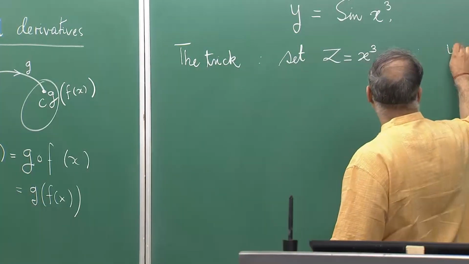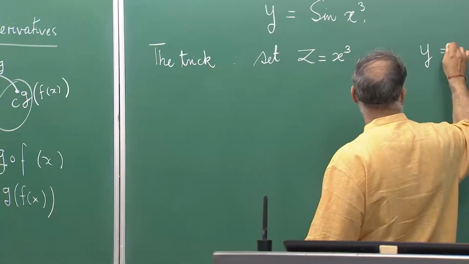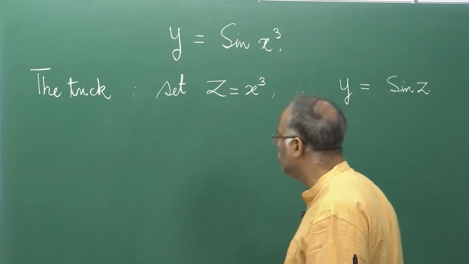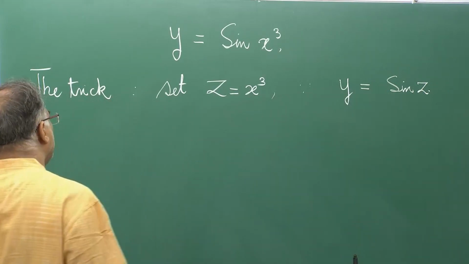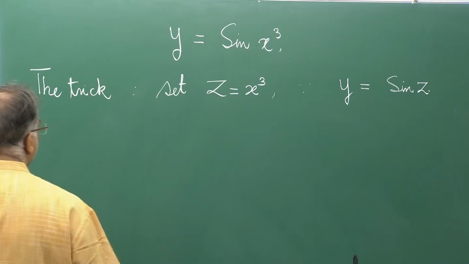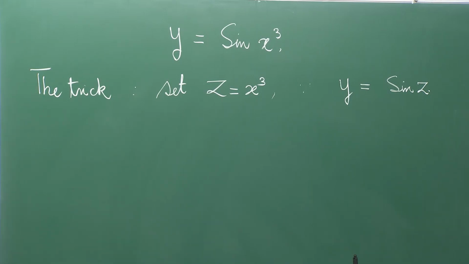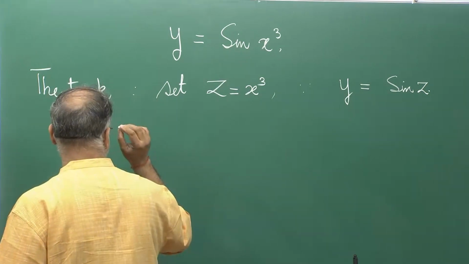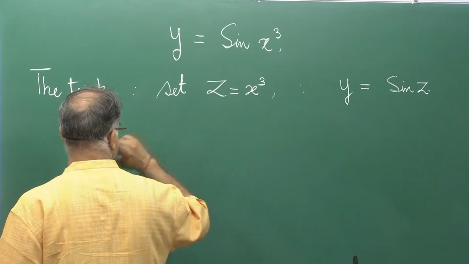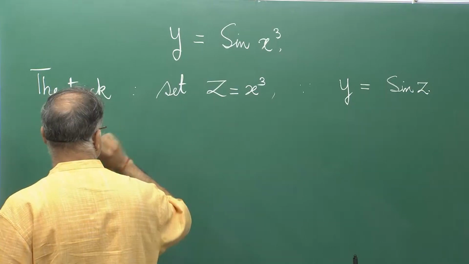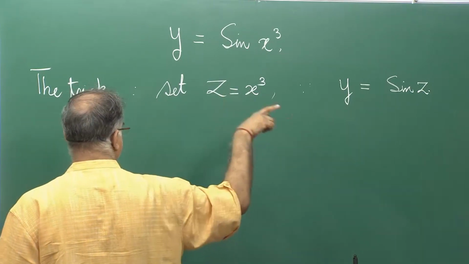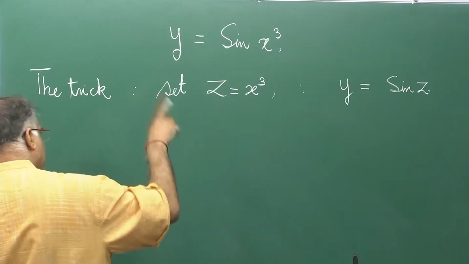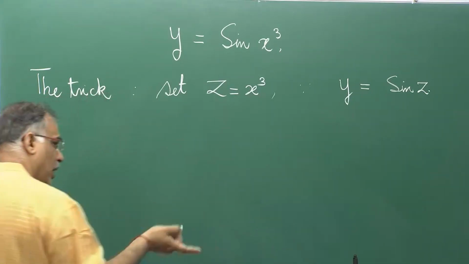Therefore, y is equal to sine of z. So it is a function of z, right. Now if you know the chain rule, you know how to take a derivative with respect to z, and then if you take a derivative of z with respect to x, you get a derivative of y with respect to x.